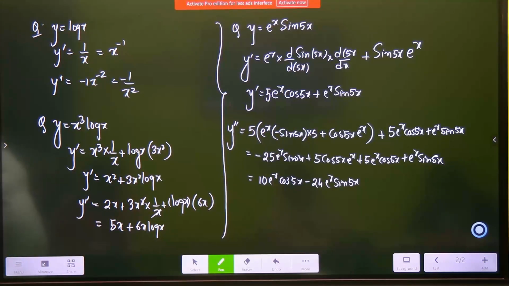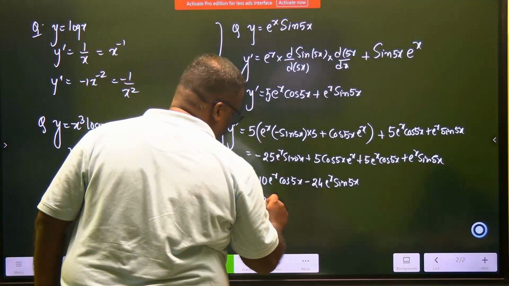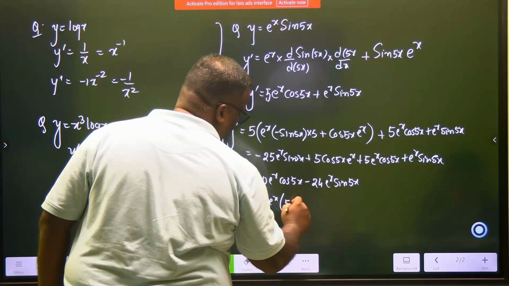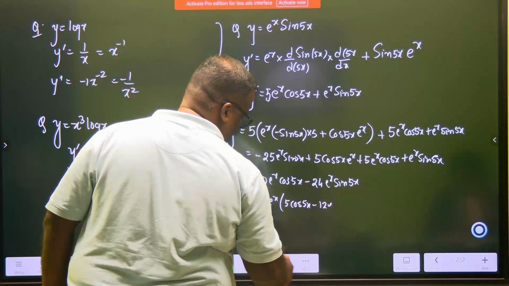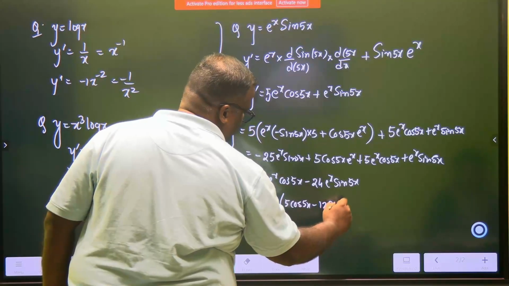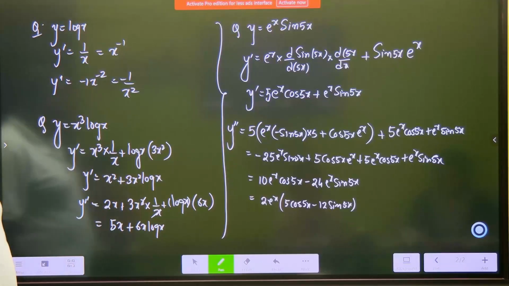If you do the HCF of 24 and 10, it is 2. 2 5s are 10, 12 2s are 24. So I think the NCERT answer will be 2 e to the power x, 5 cos 5x minus 12 sine 5x. Is it coming into your grip now slowly?